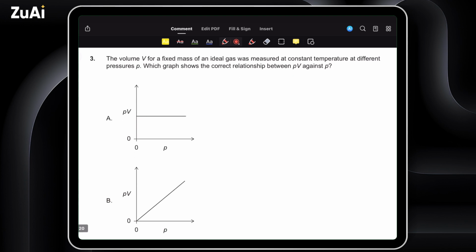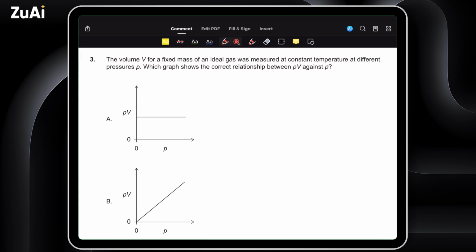Next. The volume V for a fixed mass of an ideal gas was measured at constant temperature and different pressure P. So we have to make the graph of the relationship between PV and pressure. For example, K is a constant equal to 1.